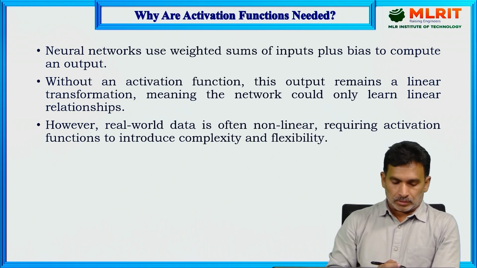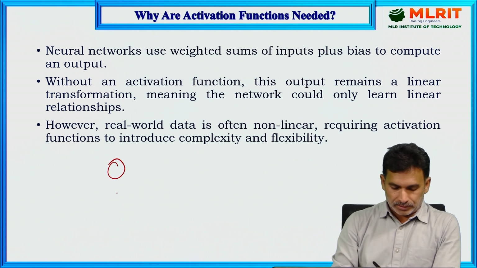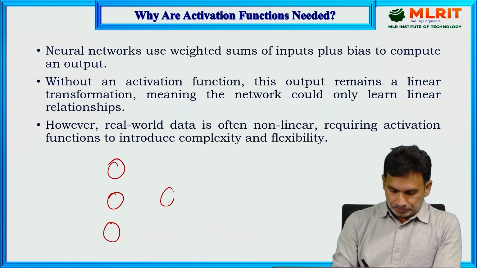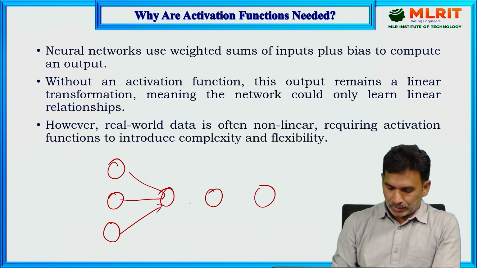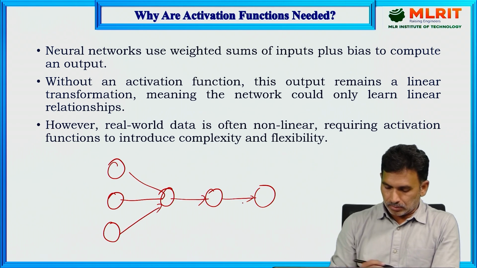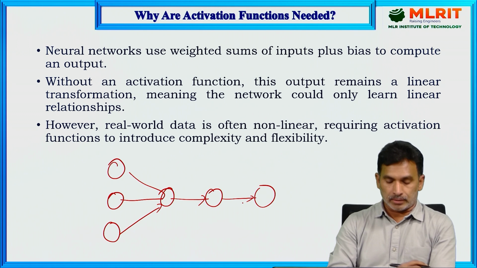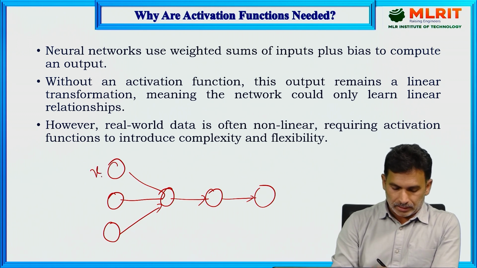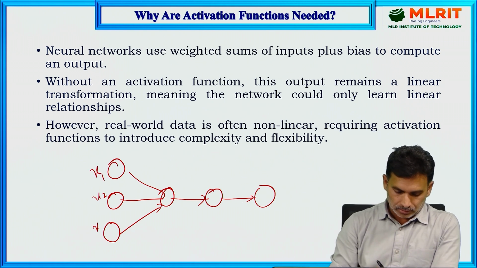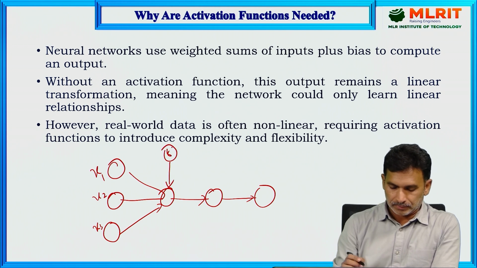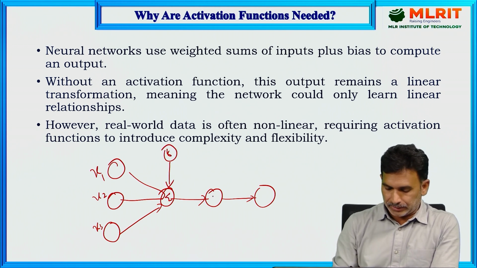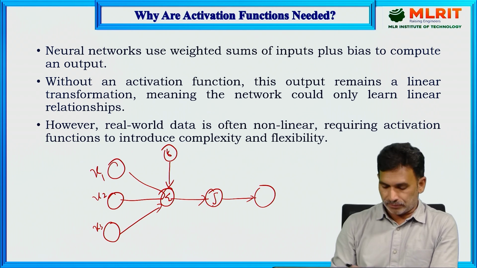If you look at this basic building block of an artificial neuron, it has inputs and a bias term, and this is aggregated and passed to the non-linear activation function, and then the output.